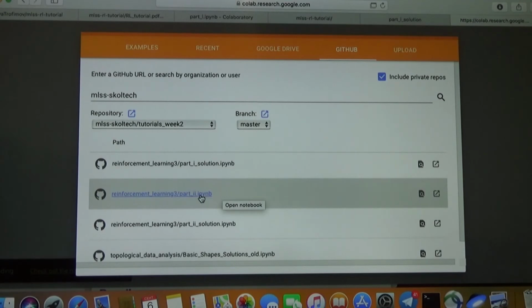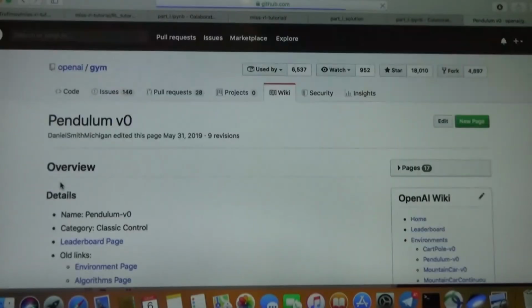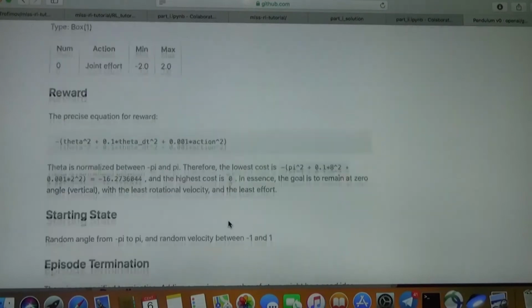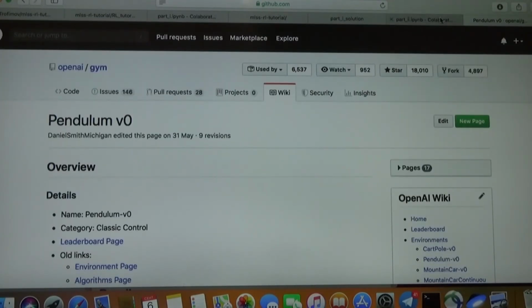Please open the notebook in Google Colab, Reinforcement Learning 3, Part 2. Now we will solve a more interesting problem, called the pendulum problem. It is from the OpenAI Gym, which is a framework for evaluating reinforcement learning algorithms.